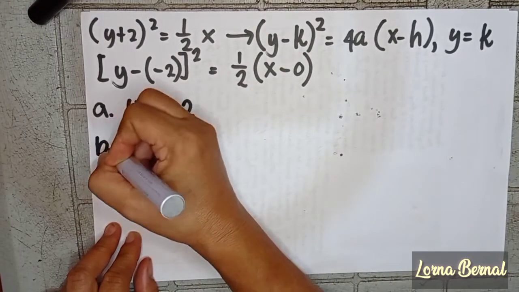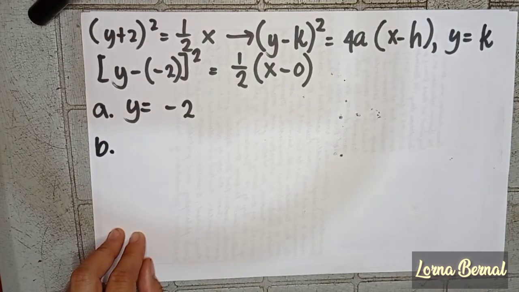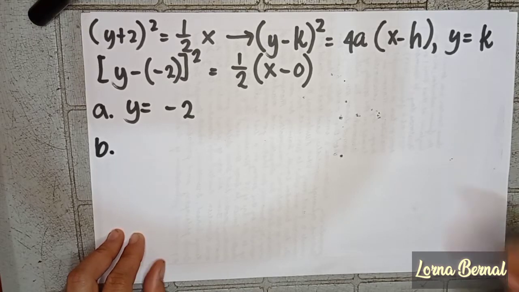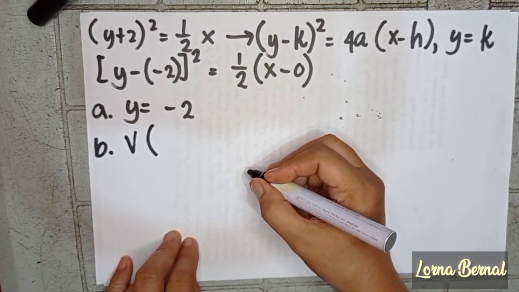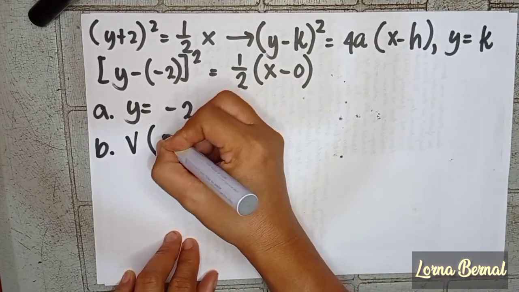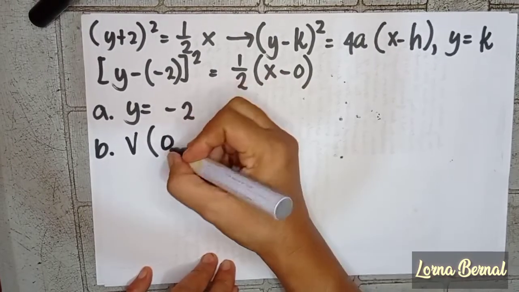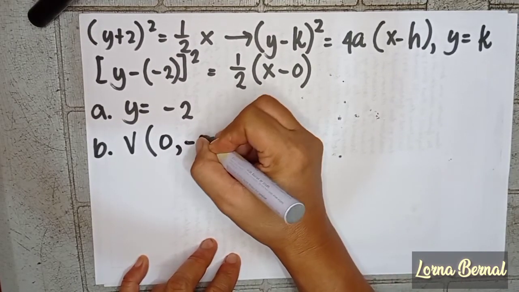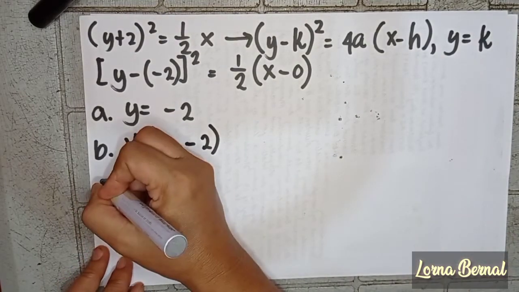Then the next one, we have the vertex. So the vertex is (h, k). So our vertex would be 0 there, and then our y would be negative 2. So that's now the coordinate of our vertex.